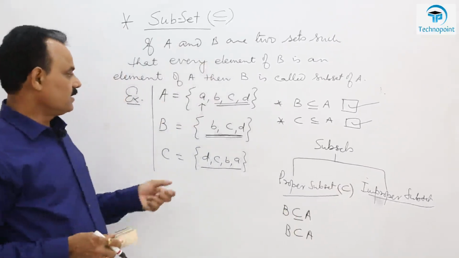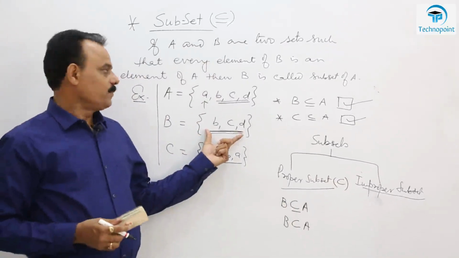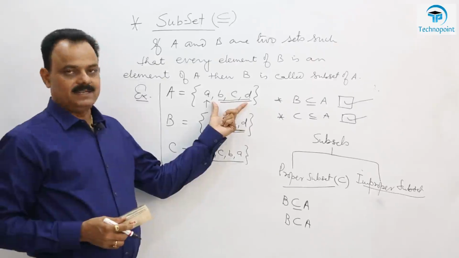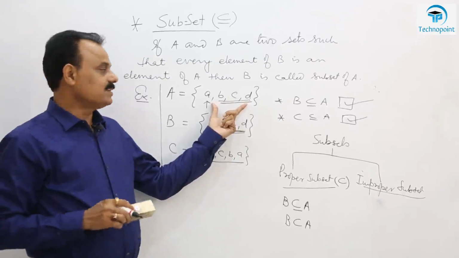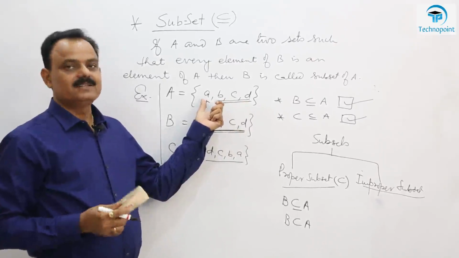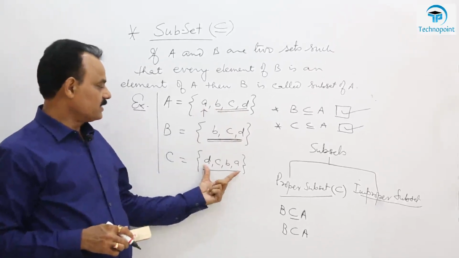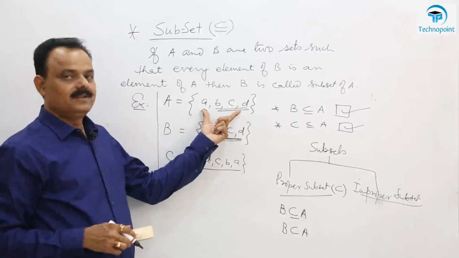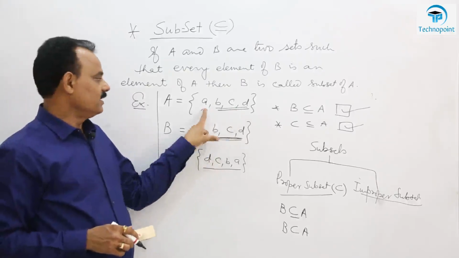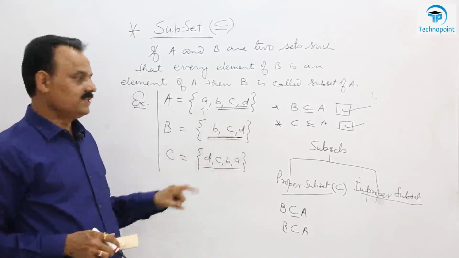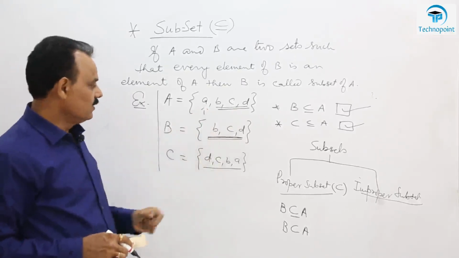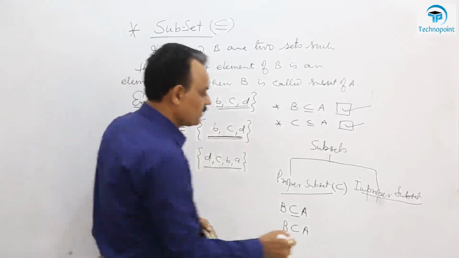So what is a proper subset? If all the elements of B lie in the set A and there is at least one extra element, then this is a proper subset. And if you watch C, all the elements of C lie in the set A, but there is no extra element. So this is different from the first one. This is called an improper subset.